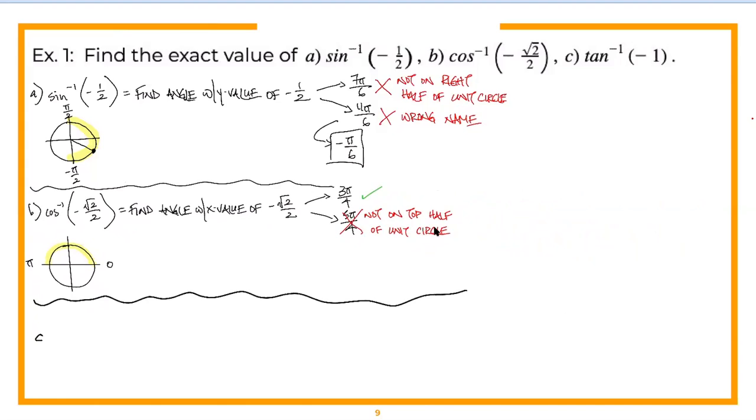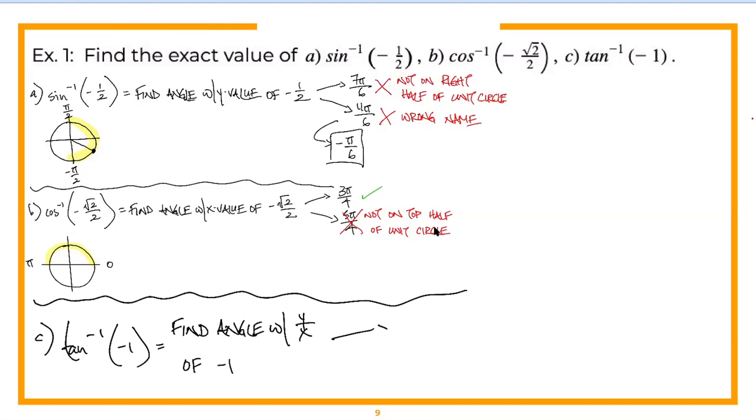All right, let's finish off with part C here. We've got the inverse tangent of negative 1. That means find an angle with y over x of negative 1.